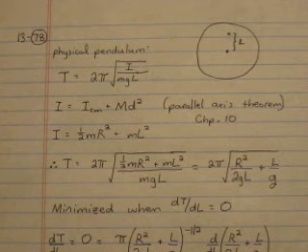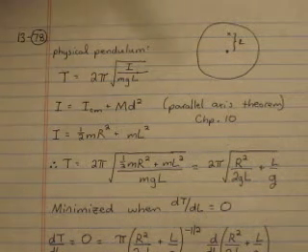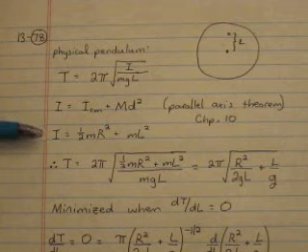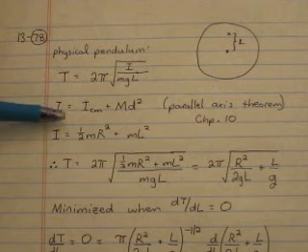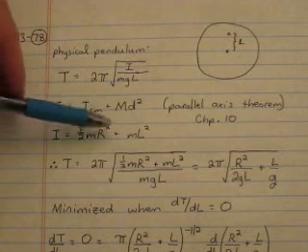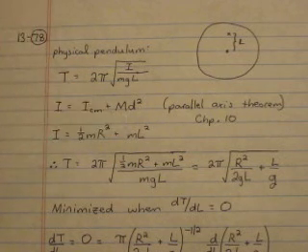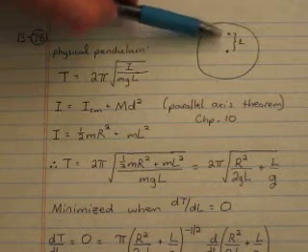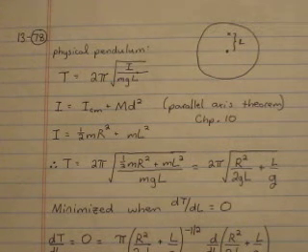So if we're rotating it about this pivot point, I is going to be, for a disk rotated about its center, 1/2 mr squared plus ml squared, because L is the distance from that center of mass.